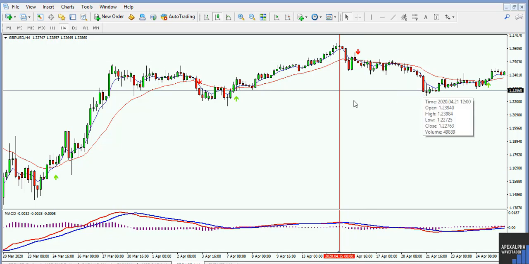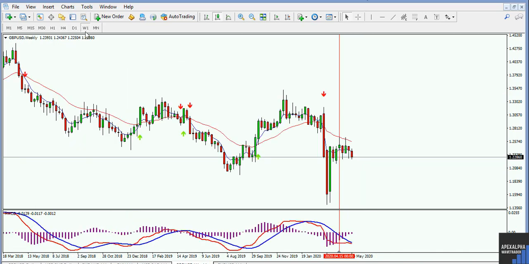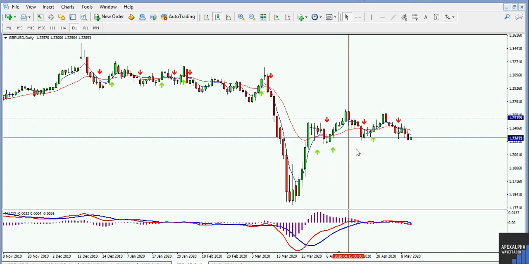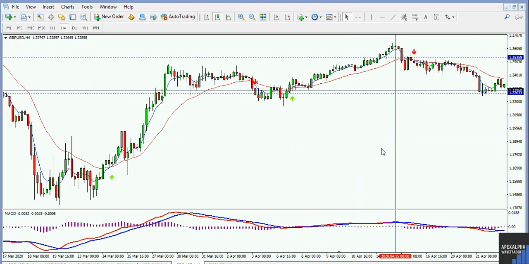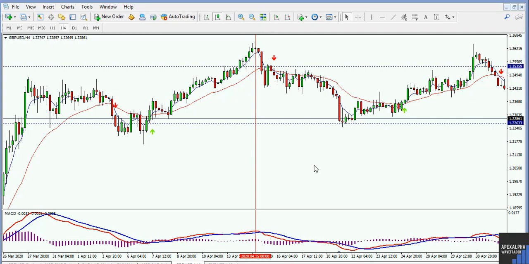This is where marking the weekly support and resistance levels comes into play, because if you had really marked them, you would have been able to stay in this trade at least from Monday till Thursday or Friday. Most of the trades will end up being swing trades for you if you have the patience.